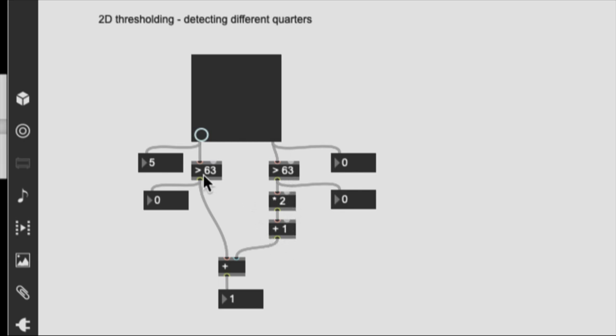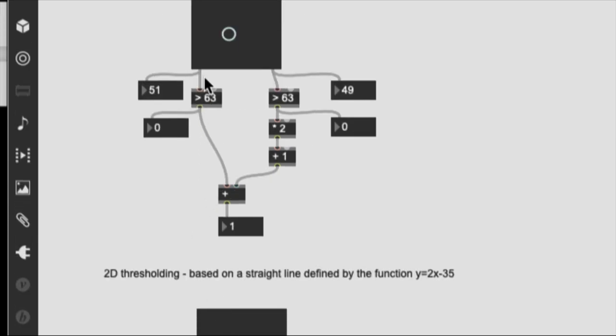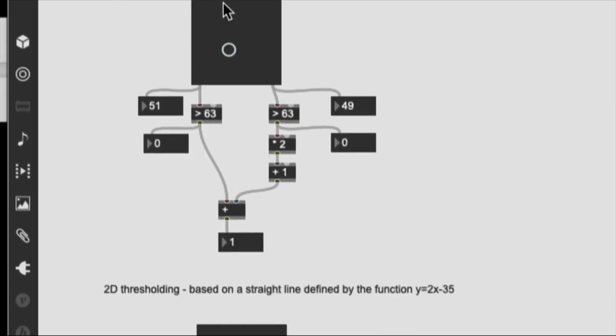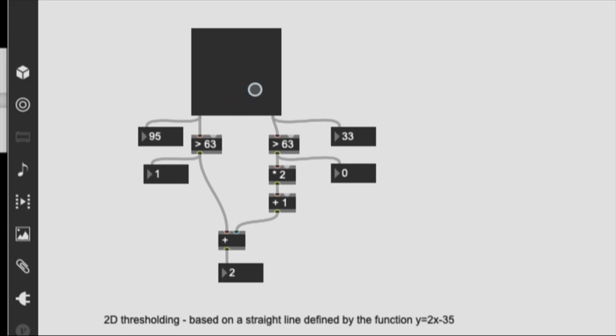So this one is 0 and 1, and this one is 1 and 3. So all the combinations end up being between 0 and 3. Sorry, 1 and 4. Because when this one is lower, it's always 1 at least. So if this is 0 and this is 1, I get a 1. So I get neat little values between 1 and 4.